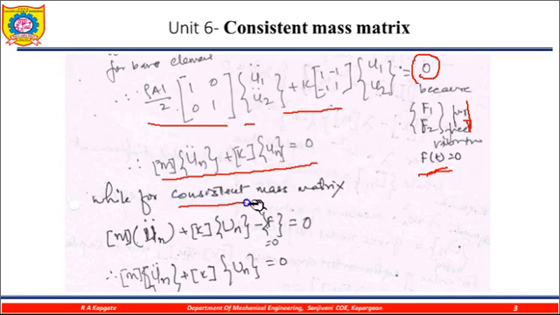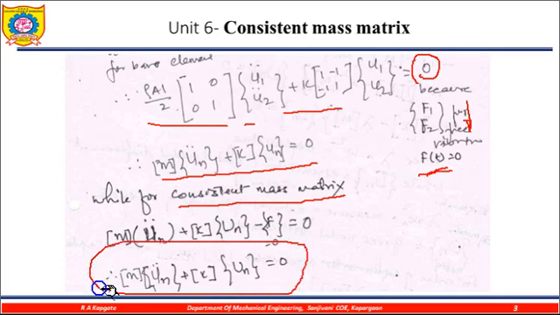If we consider the consistent mass matrix, then also the formula is the same. There is no change. M matrix multiplied by acceleration matrix plus stiffness matrix into u matrix. Then what is the change? The change is here, rho AL divided by 6, and instead of the matrix 1 0 0 1, it is 2 1 1 2.